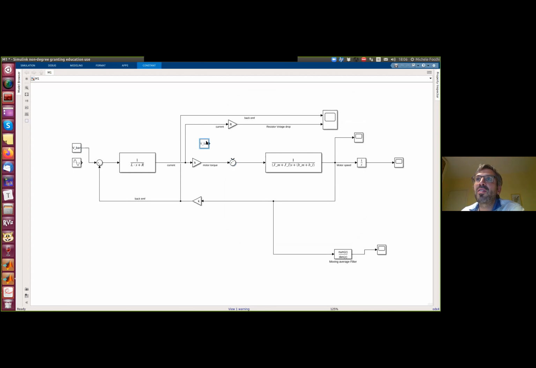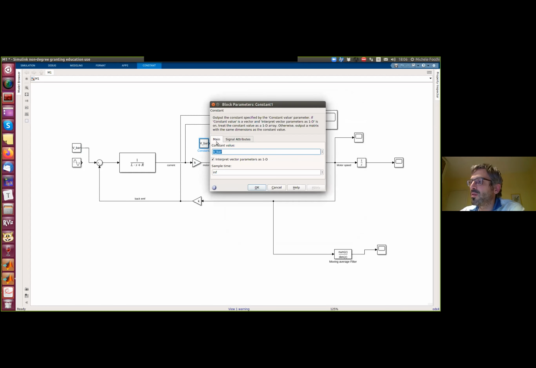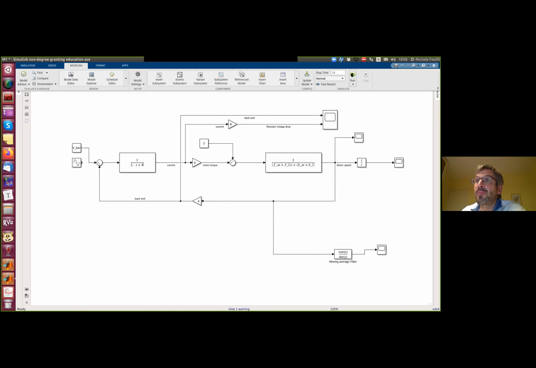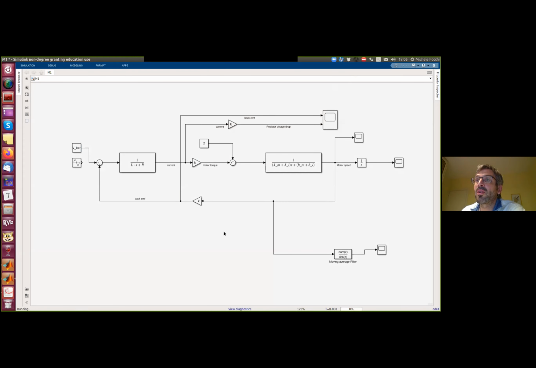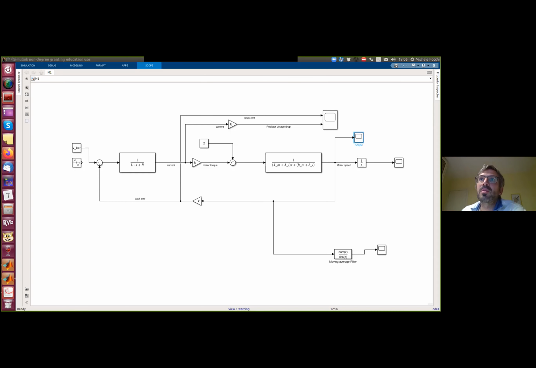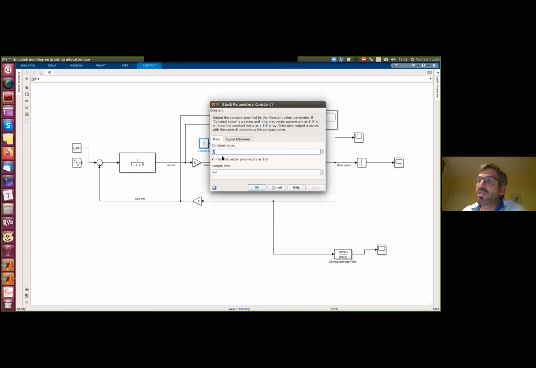So let's say we have a constant load. Now I don't know, 2 Newton meter, and we subtract this load, and what we expect is that our rotor will go to a lower steady state speed. Actually, that is too much.